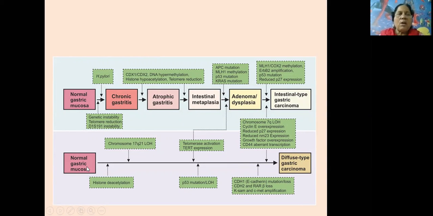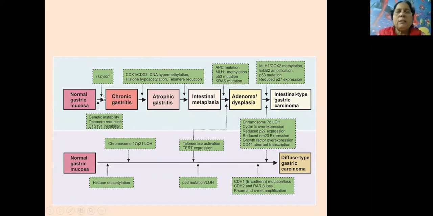So this is the normal gastric mucosa. Here there is chromosome 17q21. There is a P53 mutation and CDH1, CDH2, all that. CDH1 causes catenin mutation and leads to diffuse type gastric carcinoma. So with all these genetic or molecular events happening, the normal gastric mucosa goes into diffuse type gastric carcinoma.